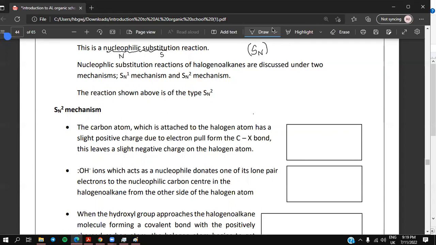It's a substitution reaction of nucleophilic type. Halogenoalkanes show nucleophilic substitution reactions.